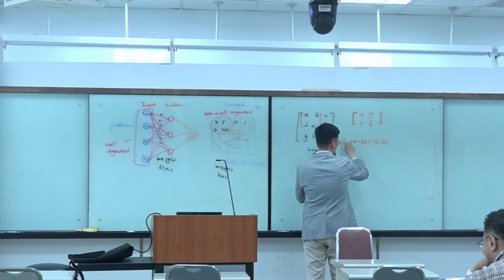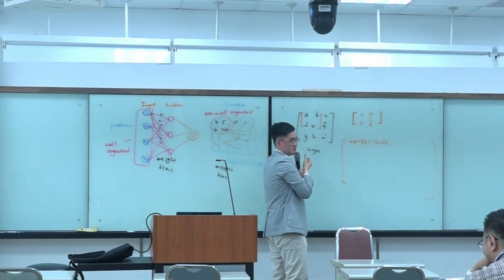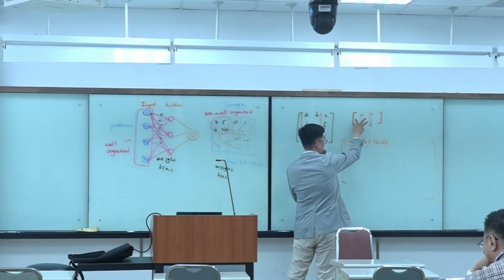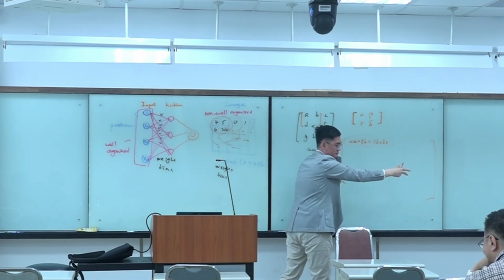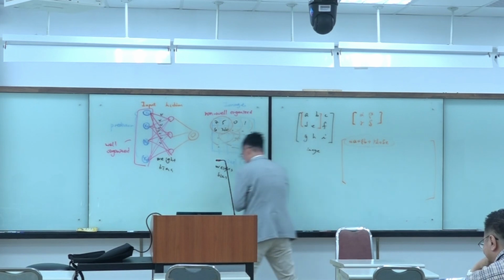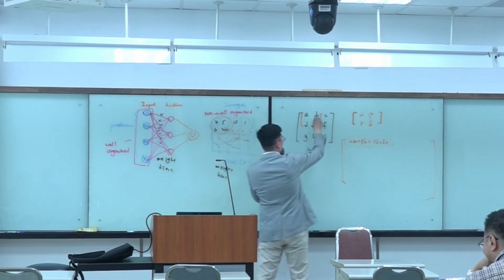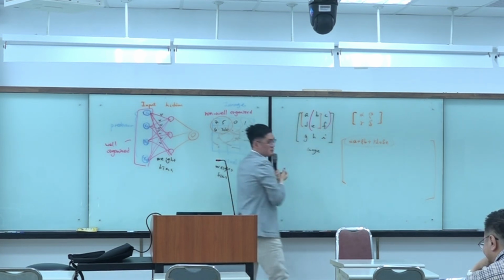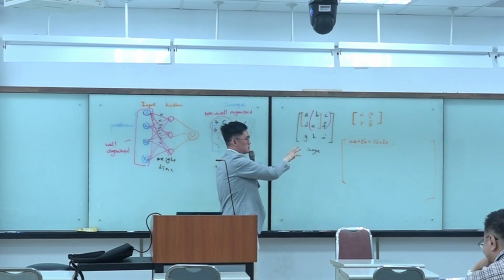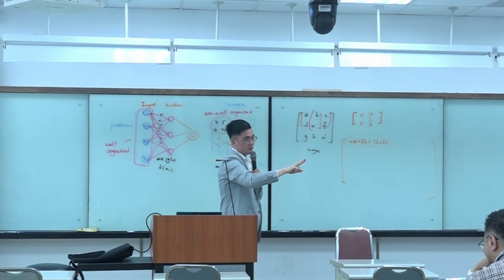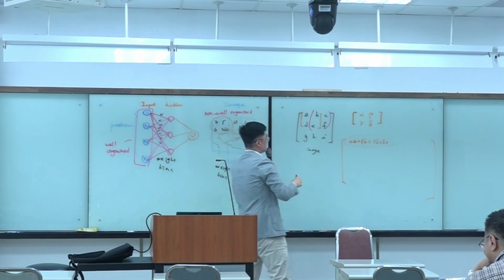But this is just one of the neurons. We now move on to the next scan, which is here. You shift your kernel to the following elements of the image.